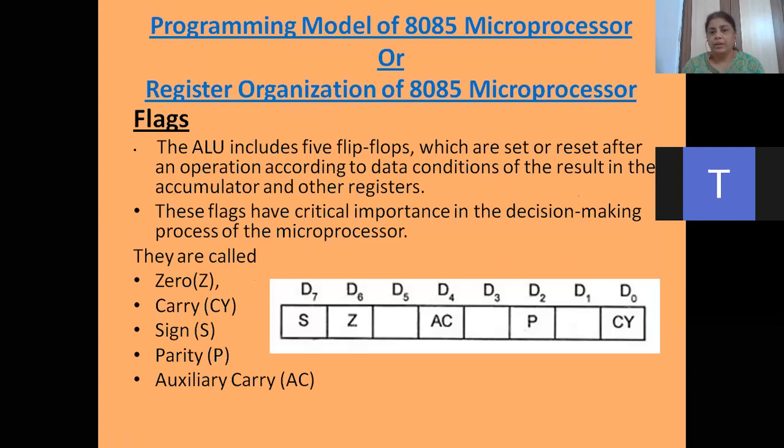It is an 8-bit register, but at that time in 1976 these 8 bits were not fully used. You can see some empty places here. D5 is free, D3 is free, and D1 is free. So these are called unused bits.